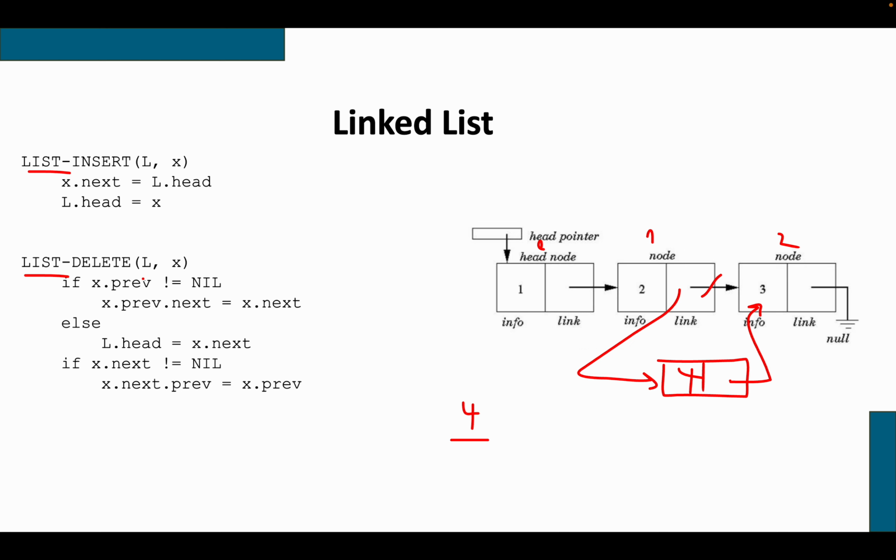And how does deleting happen? For example, we want to eliminate node 1, value 2, from our linked list. First of all, you must check where node 1 is. If it's in the head of the linked list or in the tail of the linked list, then you must do something different.